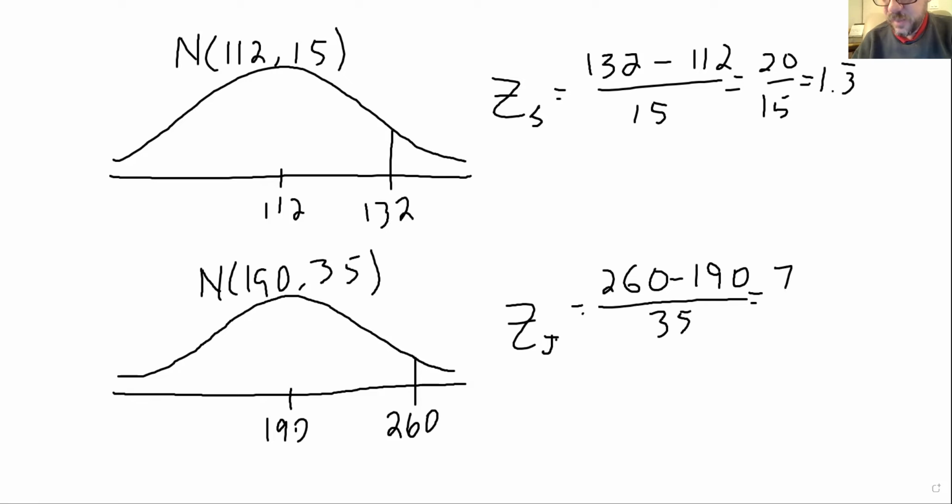That is 70 pounds over 35 pound standard deviation, which is 2. So John is 2 standard deviations above the mean for his species. So that means that John is farther away from the mean of his species than Sophie is from the mean of her species. So John's weight is more unusual than Sophie's weight.